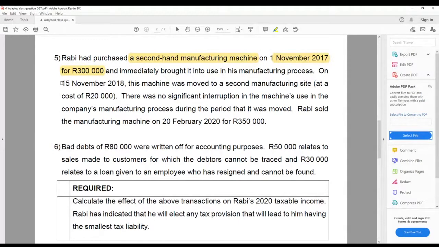Then in the next year of assessment, so in the second year of ownership, on the 15th of November 2018, this machine was moved to a second manufacturing site. And then in the 2020 year of assessment, this machine was sold for 350,000 Rand. And the question is, what is the effect of this on our taxable income calculation?